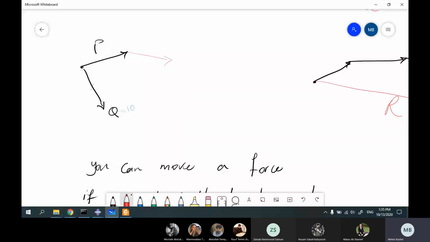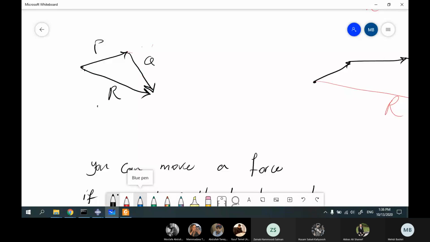So this is the wrong way. But as long as I keep the direction, there's not going to be any problem. So I'm going to move this force Q in the way that I said. So the final situation is like this.